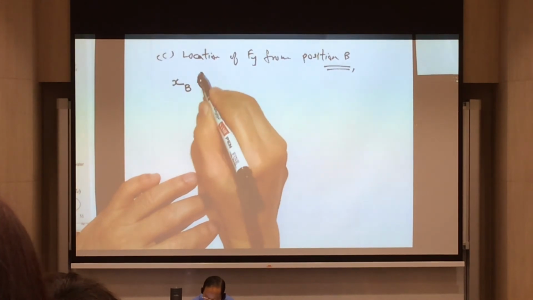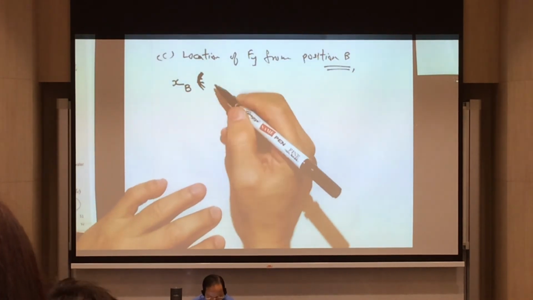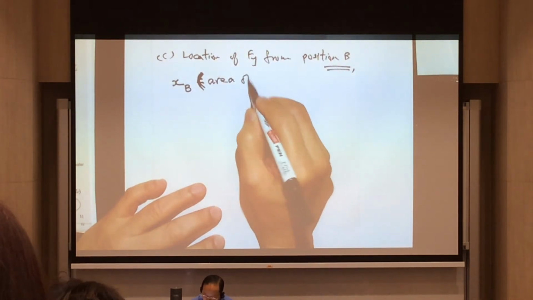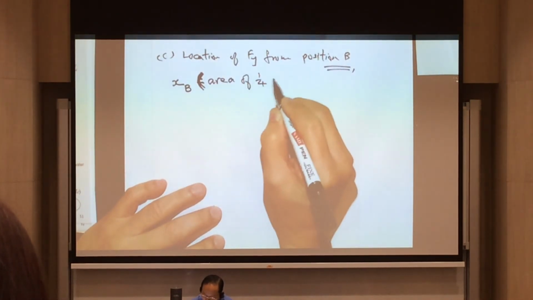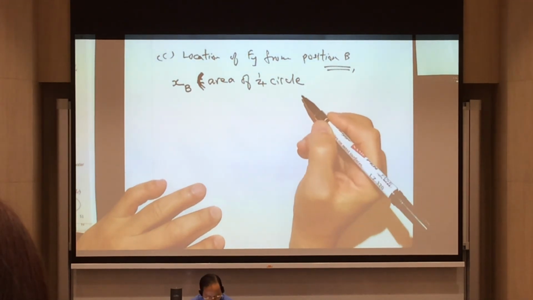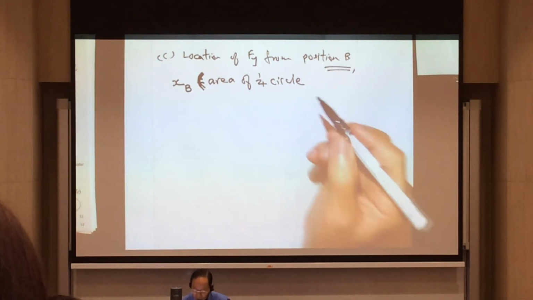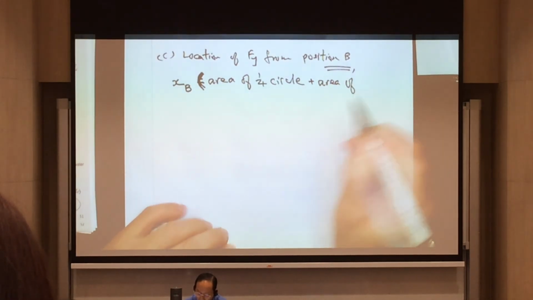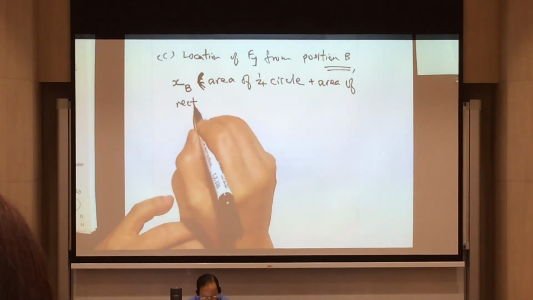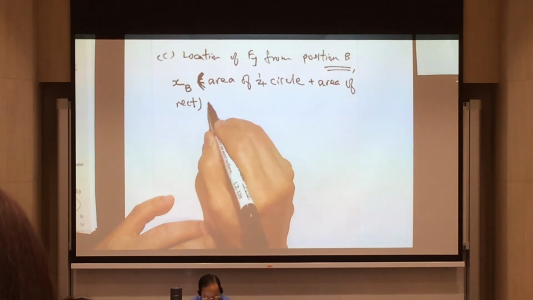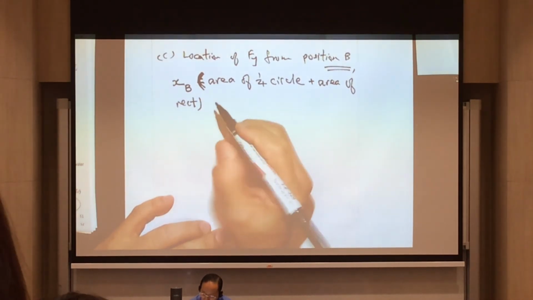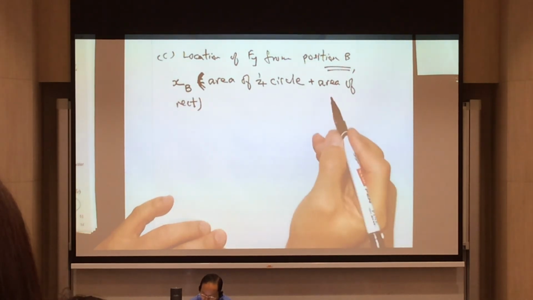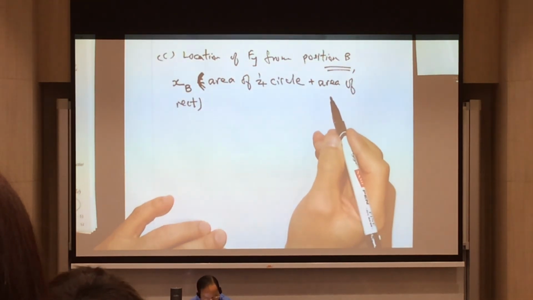It would be XB times the area of a quarter circle plus area of rectangle. Let me put it in words so it's easier for you.